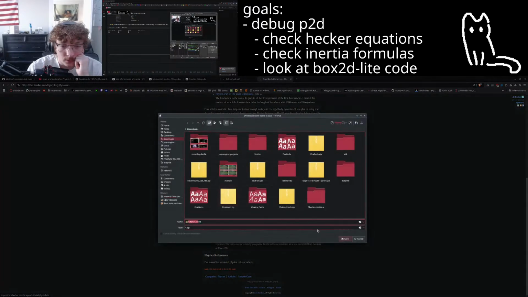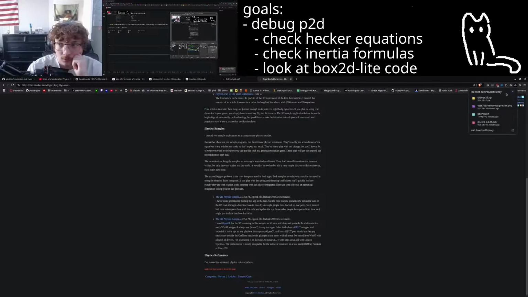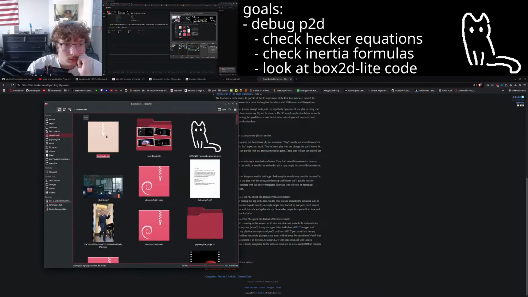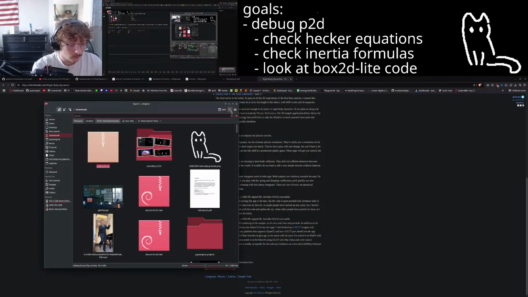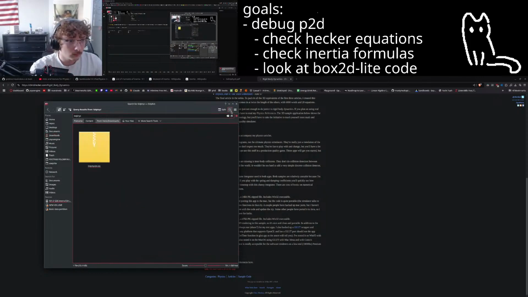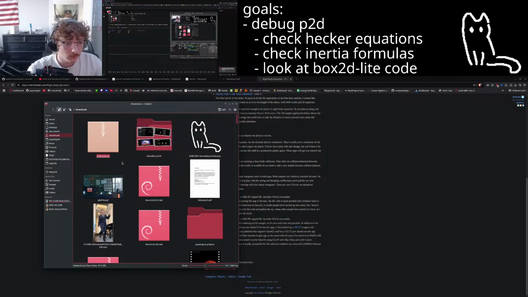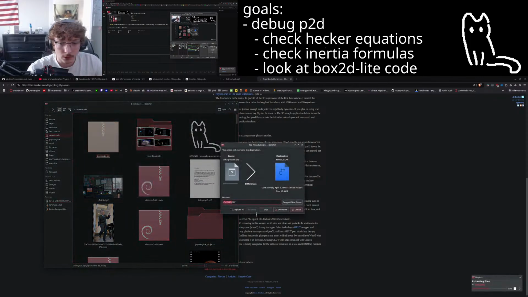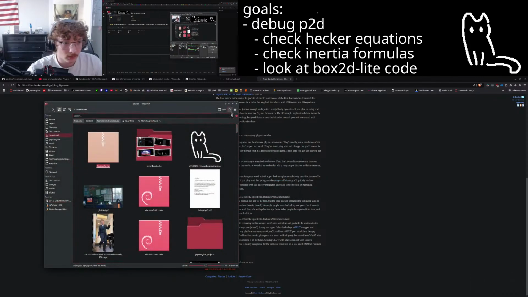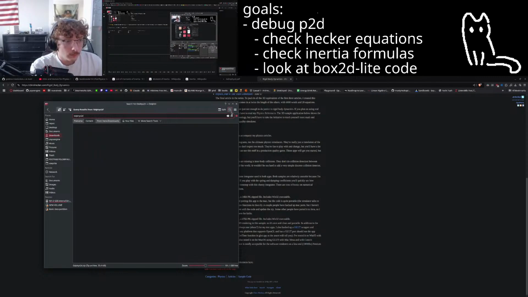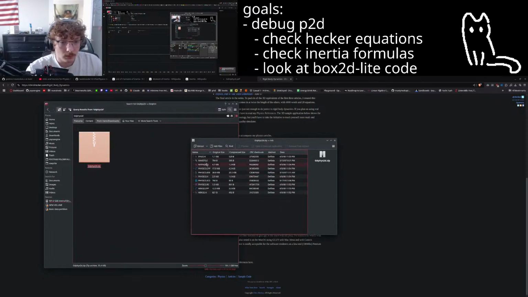What is in the 2D? Didn't extract or what? Oh. No, it's already there. What the hell?